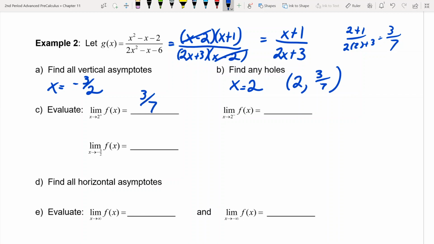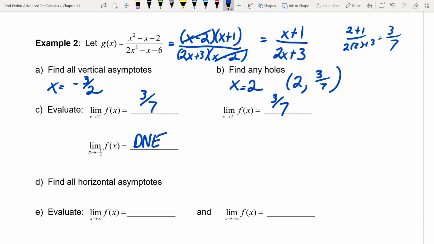As x approaches 2 from the right, it's also 3/7. It's getting closer and closer to that hole. If I look at x approaching -3/2, that's our vertical asymptote, which does not exist. Or you might say it's going off to infinity of some sort.